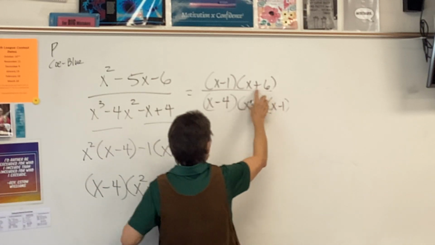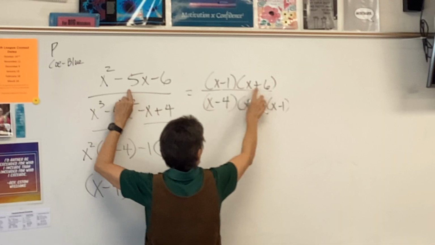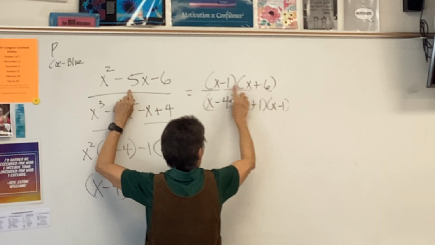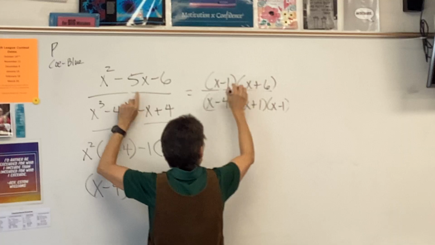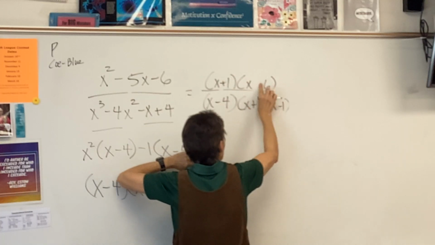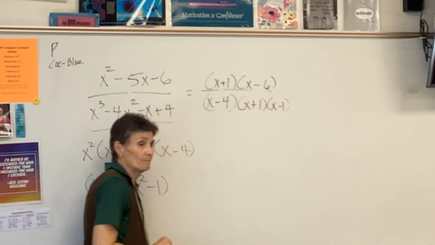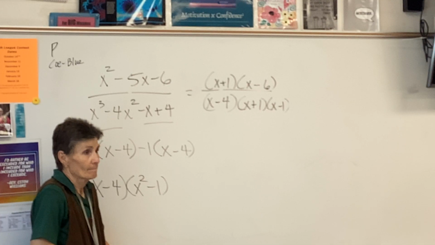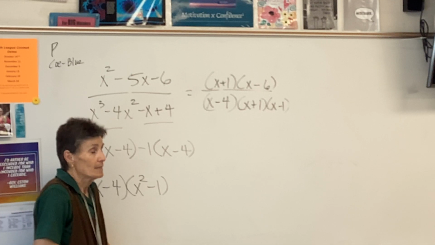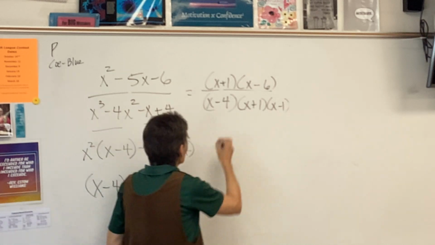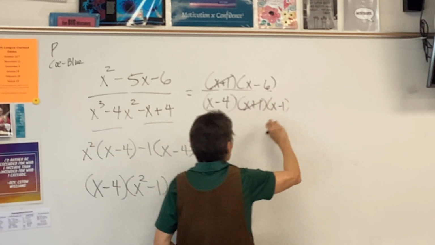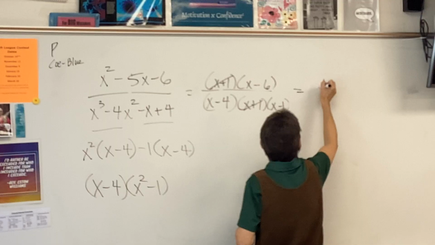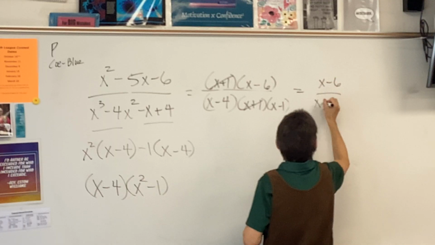Won't this give me a positive 5? Won't that give me a positive 5? Yeah. So I need to make this the positive and this the negative. Now I can cancel. Only one thing, and I'm left with this.